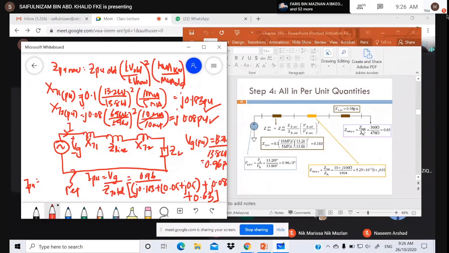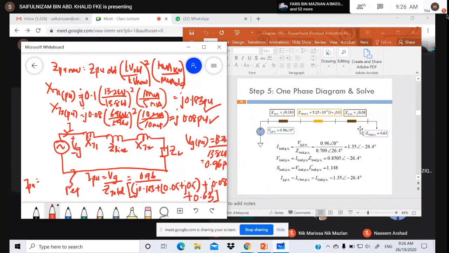The answer here is 1.35 angle minus 26.4. Did you get 1.35 angle minus 26.4? Yes. In per unit, all the current flowing through this circuit is the same, right? The series circuit, right?